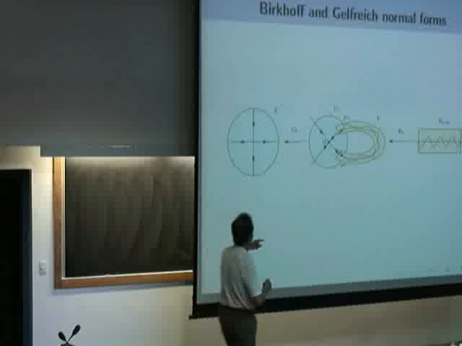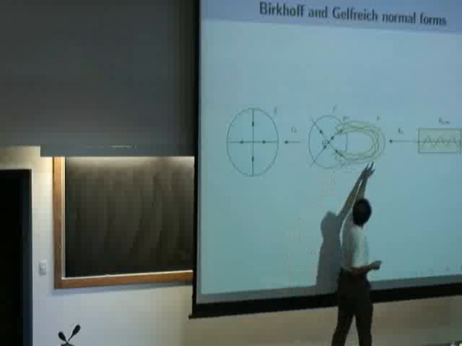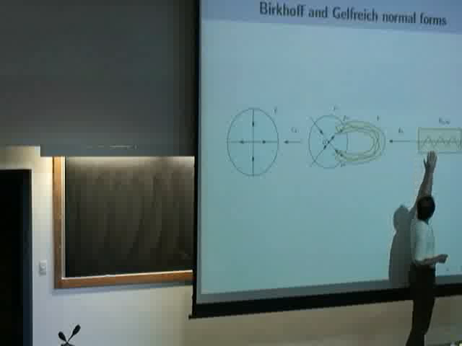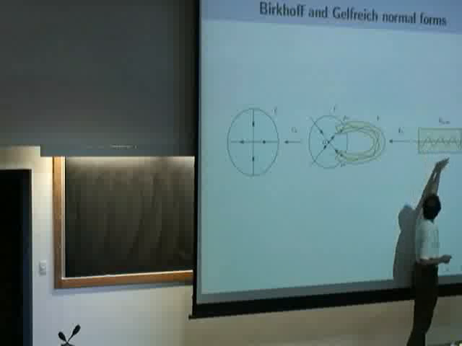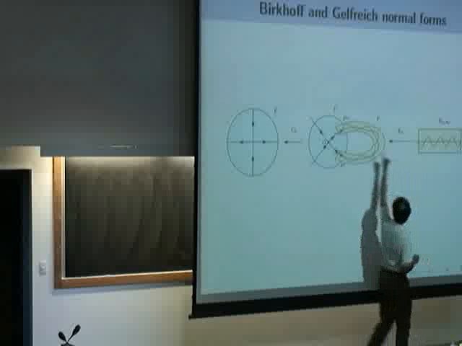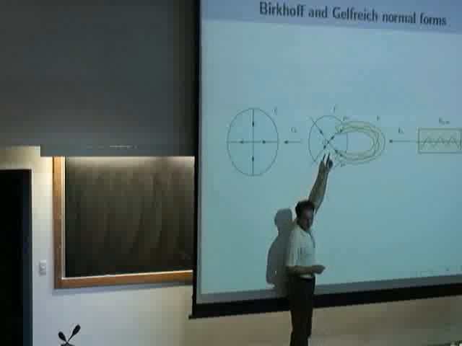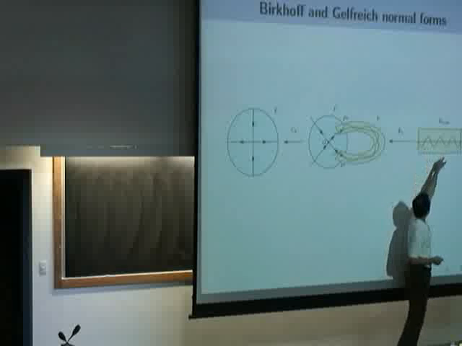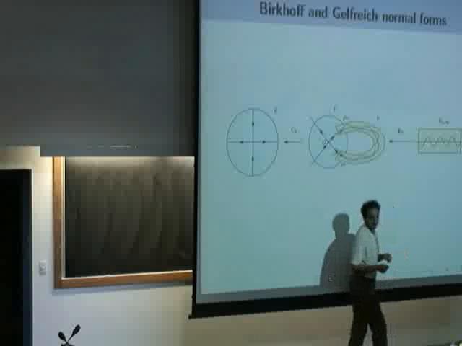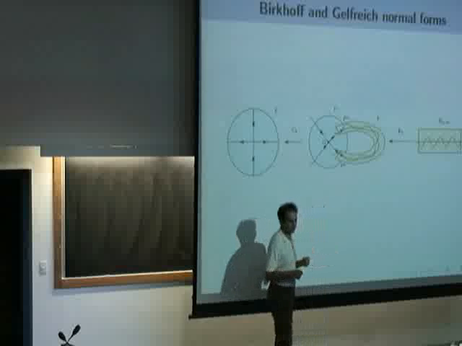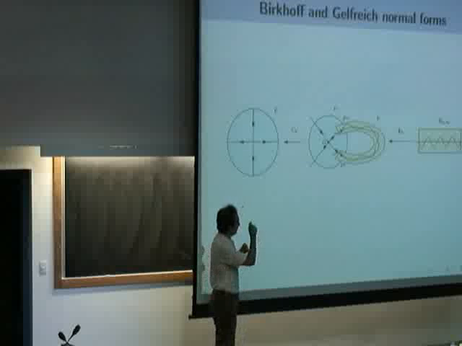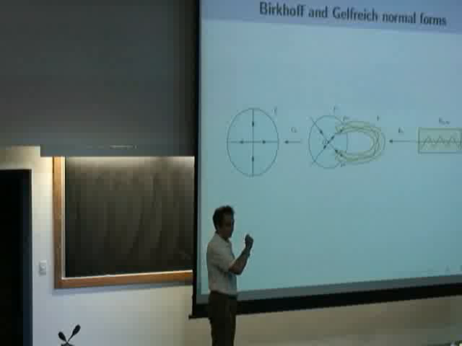Namely, there is a neighborhood and normalizing coordinates such that the map in those normalizing coordinates is just a shift, and the curves that you see there are just the stable and unstable manifolds of that saddle. Moreover, it's not just that it looks like a sine, it is a sine up to higher order terms. So the splitting is exponentially small, but you can nevertheless describe it very nicely.